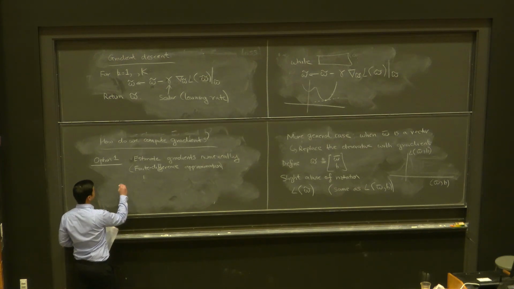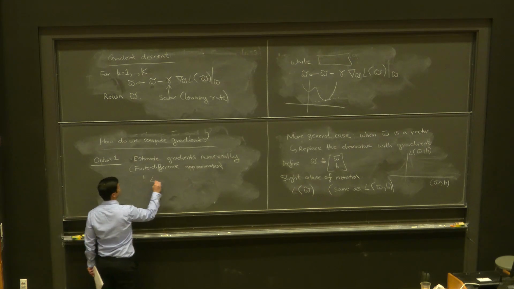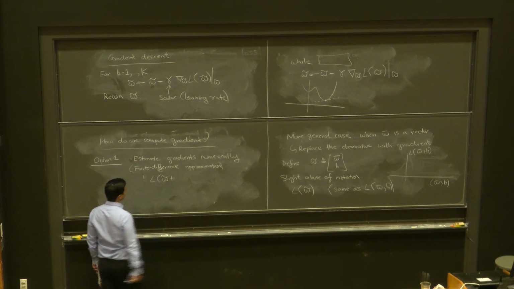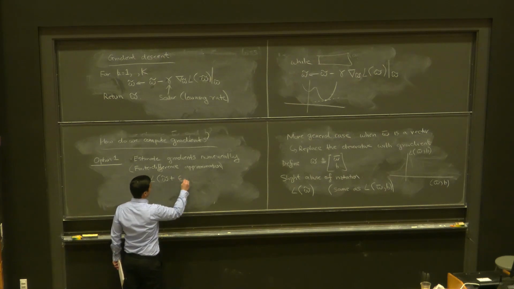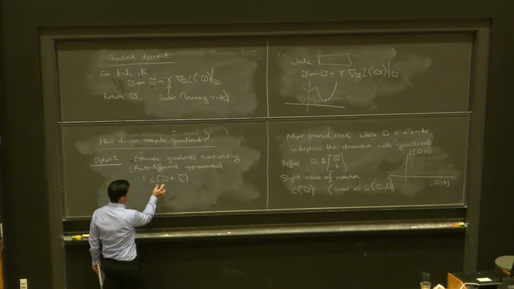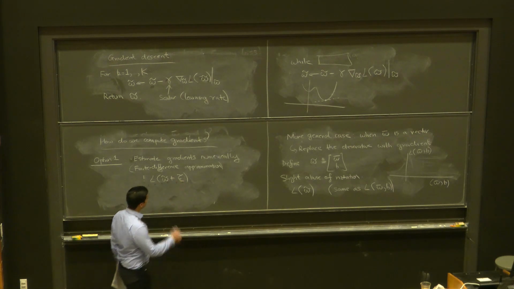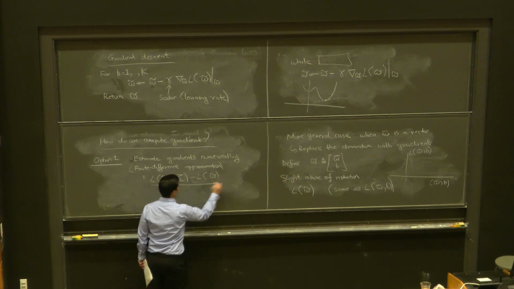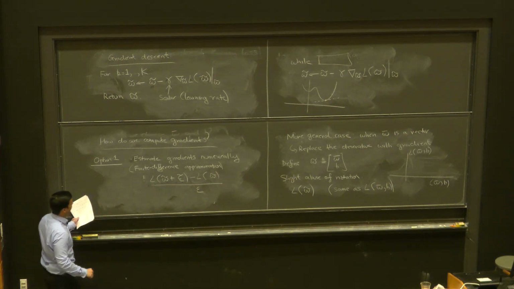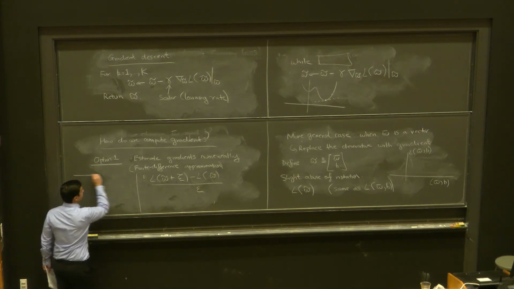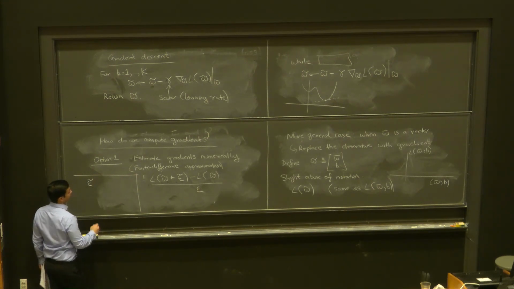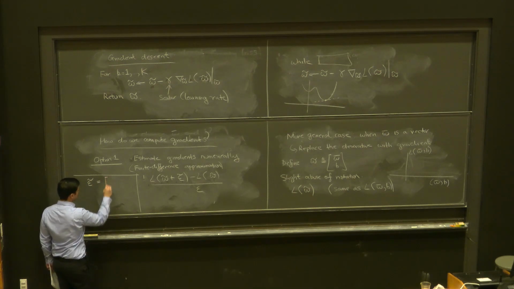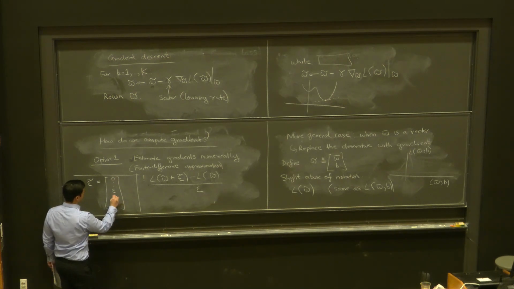So you compute the difference between L of W tilde, the loss evaluated at W tilde plus some epsilon, some small perturbation, divided by epsilon, where the vector epsilon is a bunch of zeros, scalar epsilon, and a bunch of zeros.